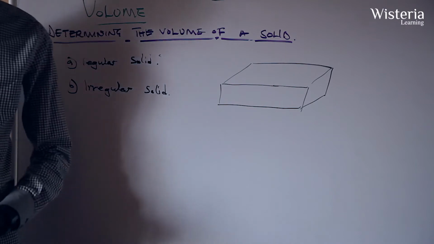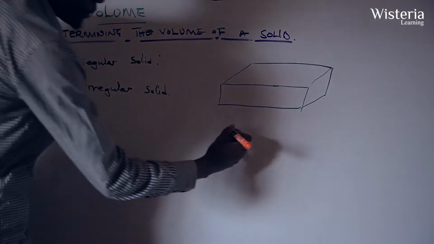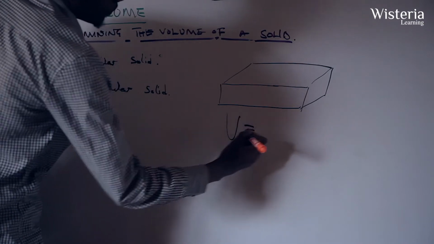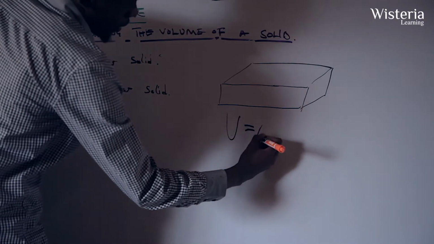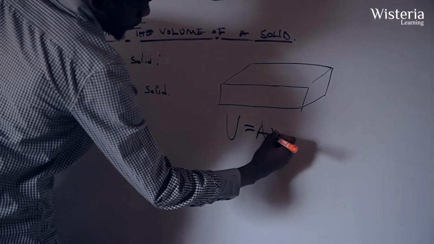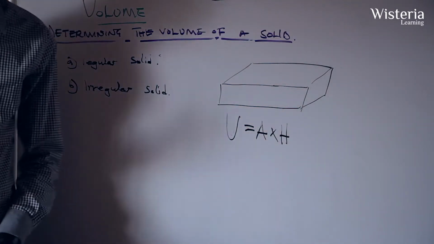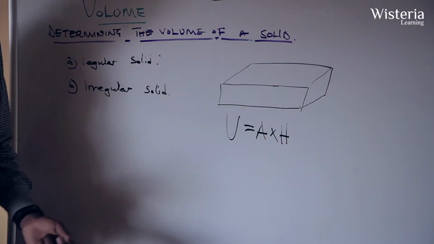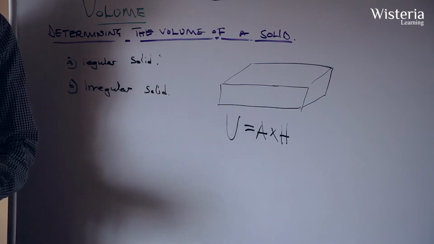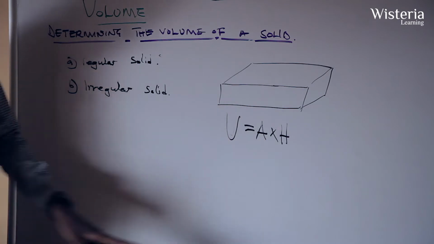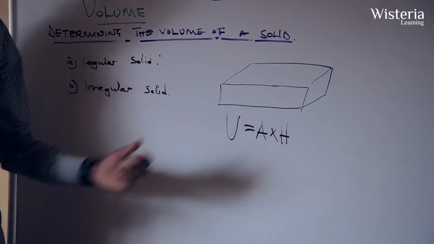The most important thing to know is that the volume of a regular object is simply equal to A times H. The A is the area of the surface for that solid, and the H is the height for that regular object.